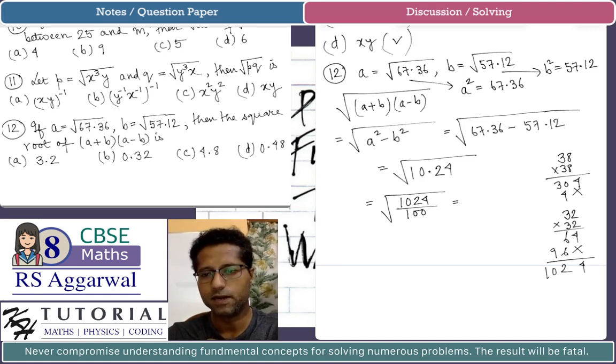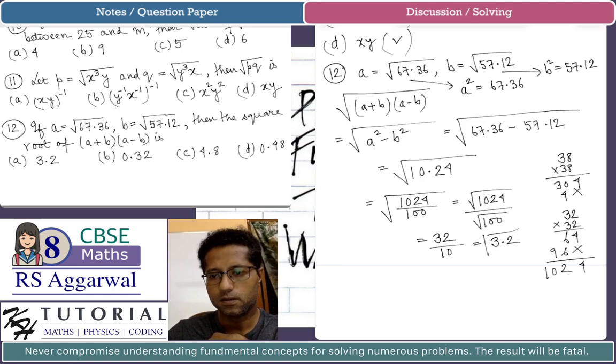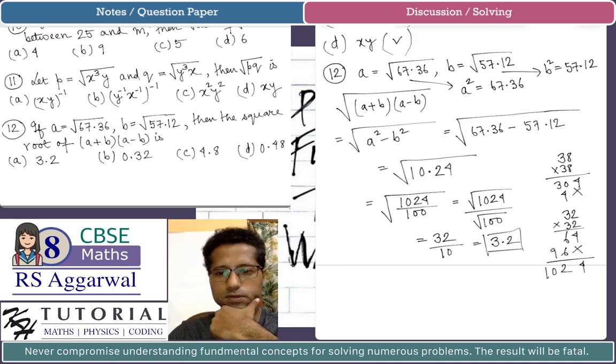Now this we can rewrite as square root of 1024 divided by square root of 100. Square root of 1024 is 32 and square root of 100 is 10. So this is equal to 3.2. So the correct choice is A.